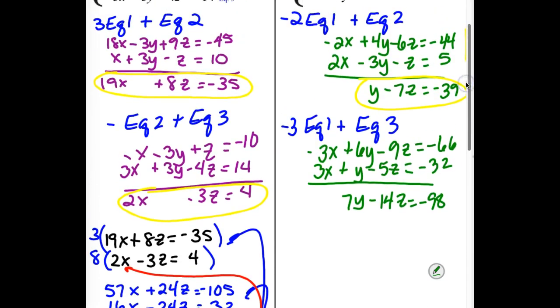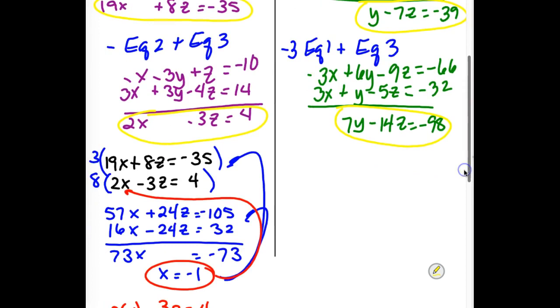Okay? Now I want to take these two equations and put them together as a system. If I add them the way they are, neither variable will drop out. Okay? I'm going to need to change one of them somehow.